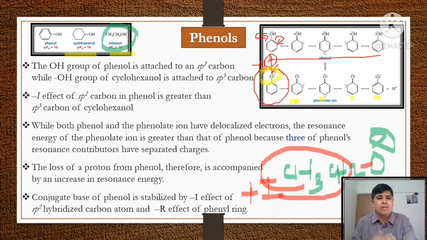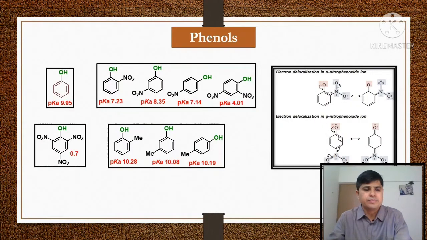But phenols are more strongly acidic than alcohols. So this is the acidity of phenol compared with cyclohexanol and ethyl alcohol. Now let us see some examples. See, simple phenol has pKa 9.95, or we can say almost 10.